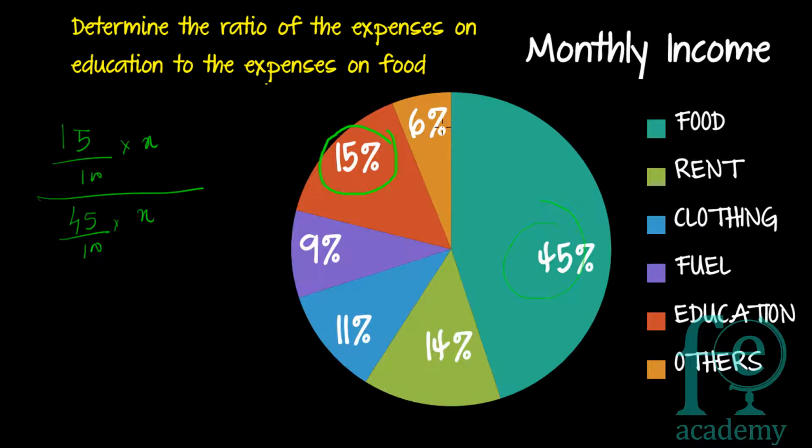The monthly income is not given. So you are just assuming that monthly income is equal to X. So your expenses on education will be 15% of X and your expenses on food will be 45% of X. So what will be the ratio? Ratio will be 1:3. So this is also again reading of pie chart.